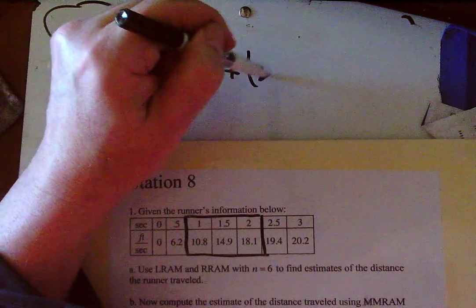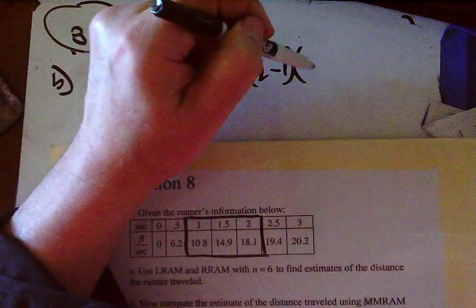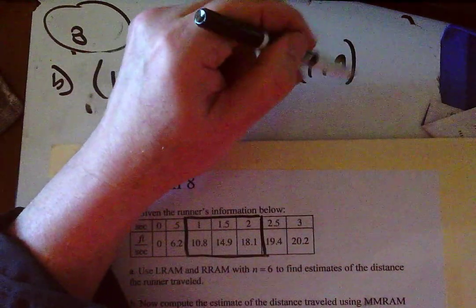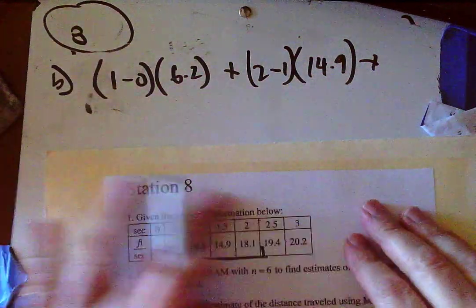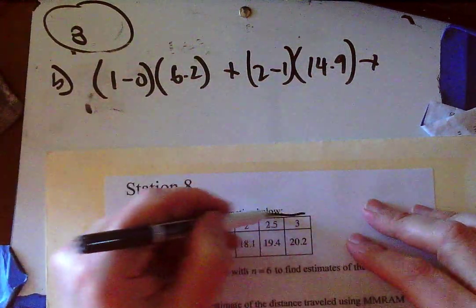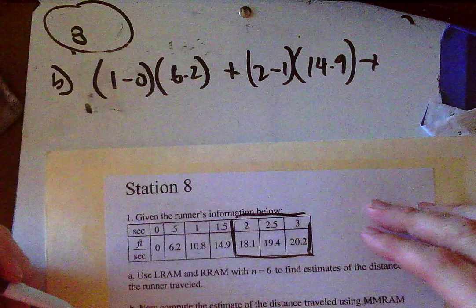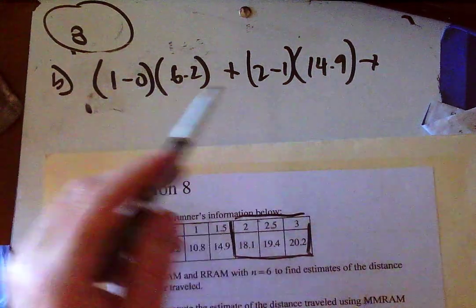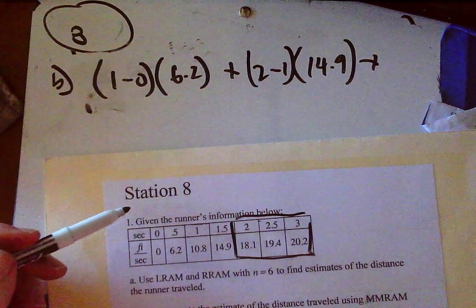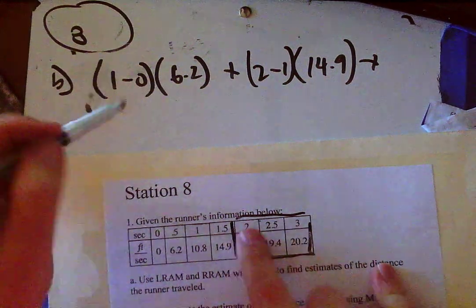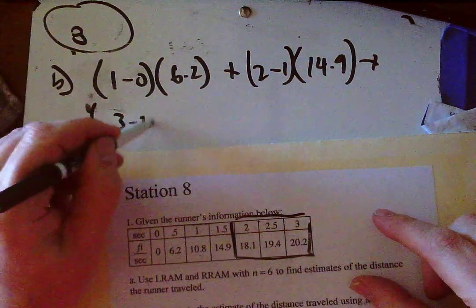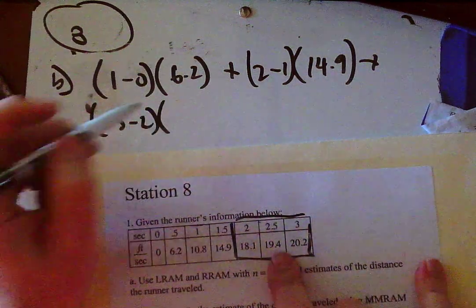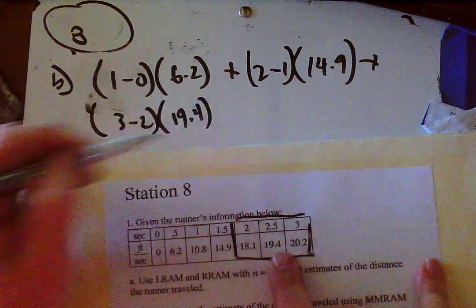So now I've got 2 minus 1 times 14. Plus, and now we come to our last subdivision, n equals 3, 1, 2, and now our third. So here the subinterval width is going to be 3 minus 2 times the middle height, 19.4.